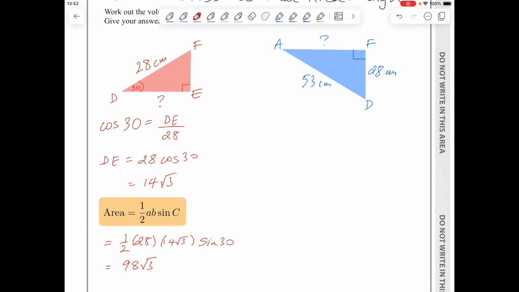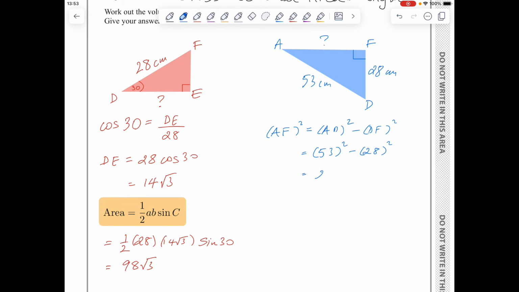Now, to find the AF from the blue triangle, I'll use Pythagoras' theorem. So AF squared is equal to AD squared minus DF squared. AD is 53 and DF is 28.